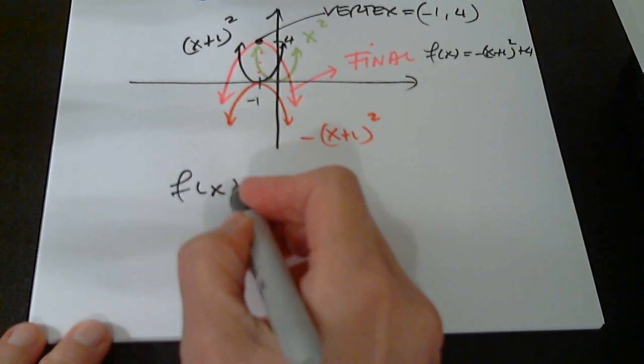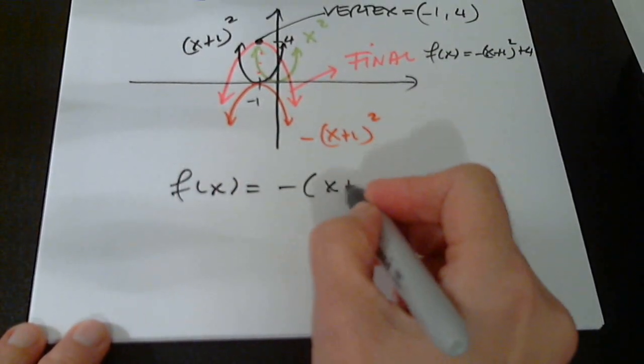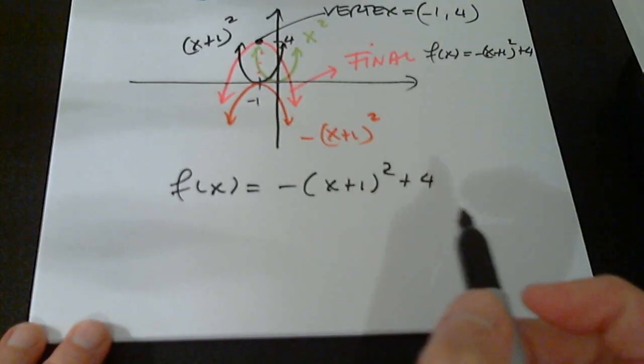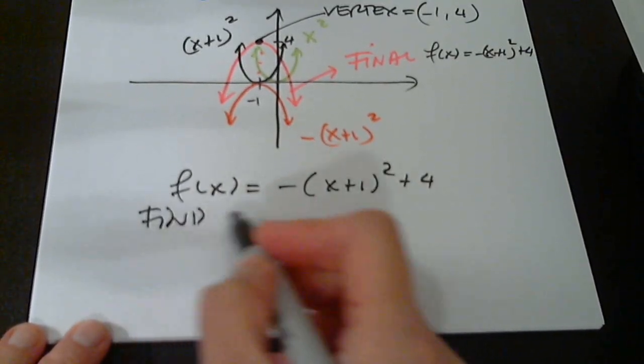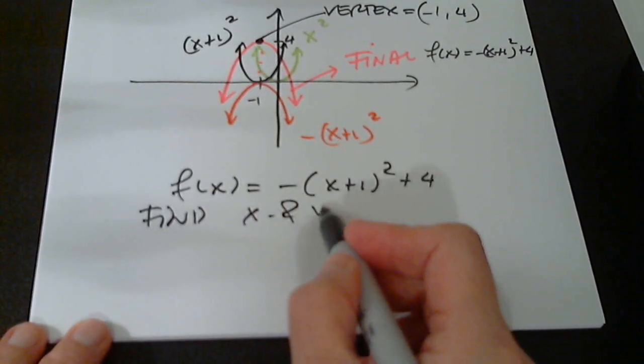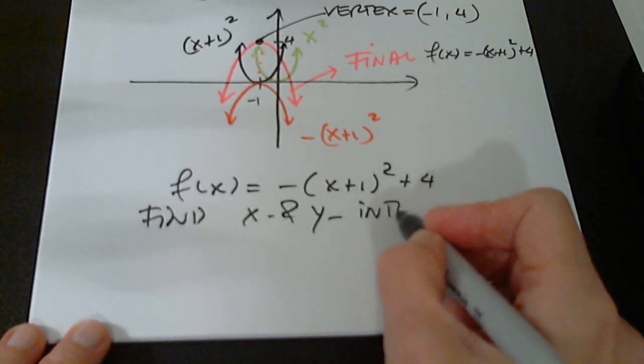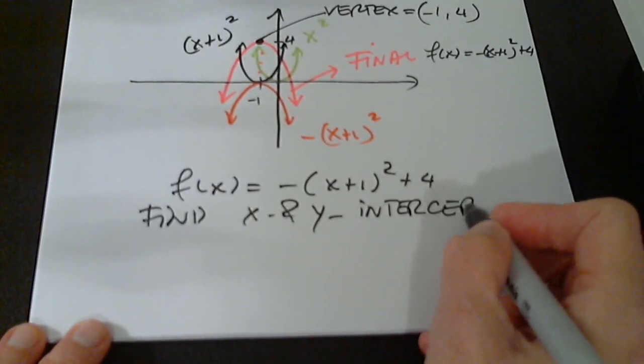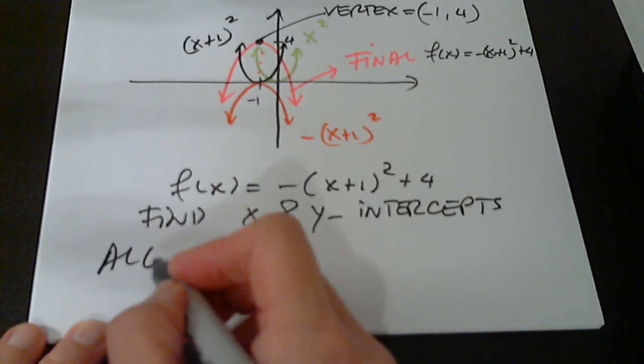f of x again equals negative (x plus 1) squared plus 4. Find x and y intercepts algebraically.